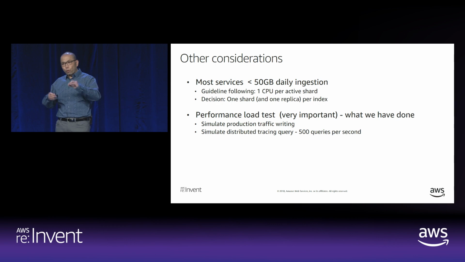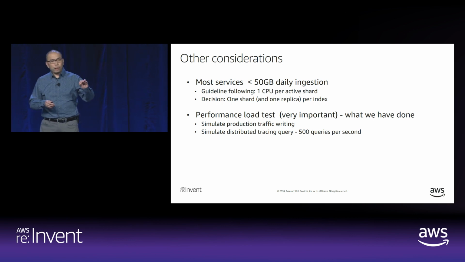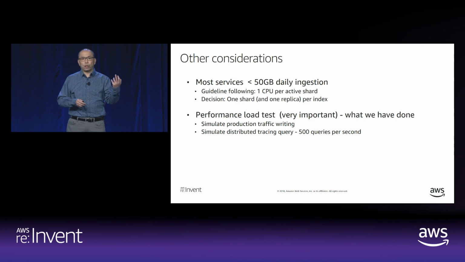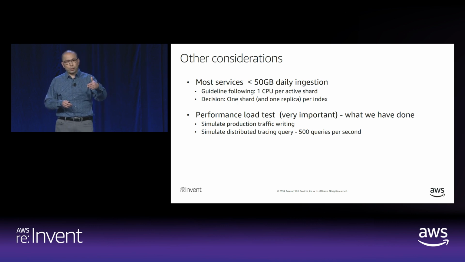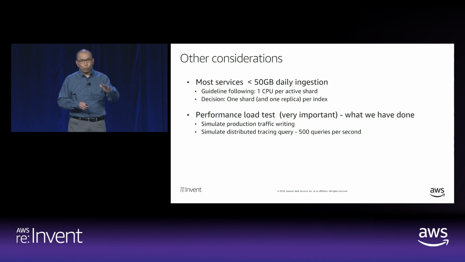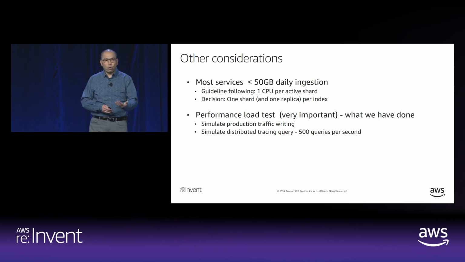Because of that, for smaller indexes and smaller services, we customize so that they have only 1 shard. Anything with daily ingestion of less than 50 gig gets 1 shard.